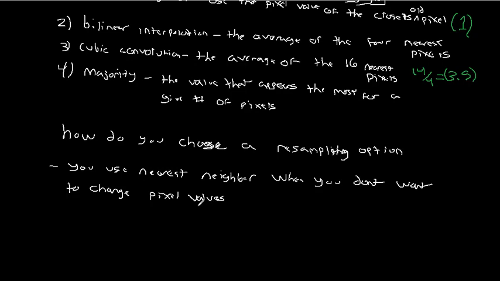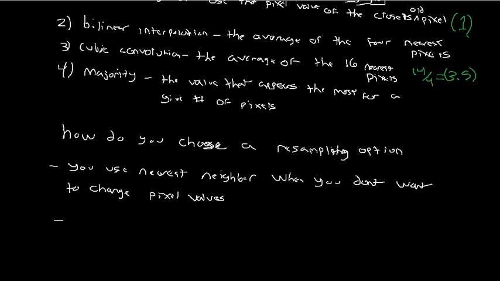Right, when the actual values in the pixels mean something and you don't want to change them. So typically you're going to use nearest neighbor when your pixel values are something categorical, like say land cover classes. And so a value of 1 might mean forest and a value of 3 might mean water, right? Taking the average to get 2.5 would not mean anything. So you would want to use nearest neighbor whenever you don't want to change pixel values.